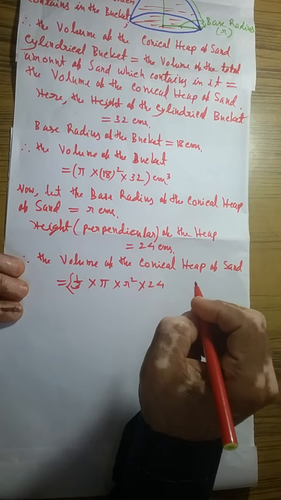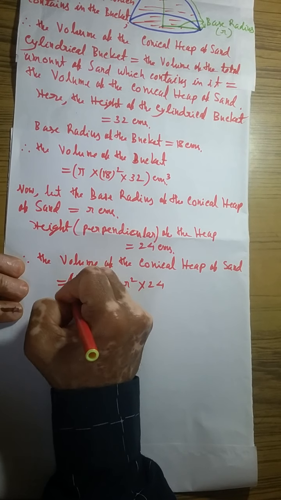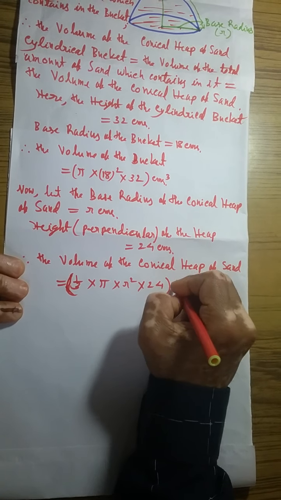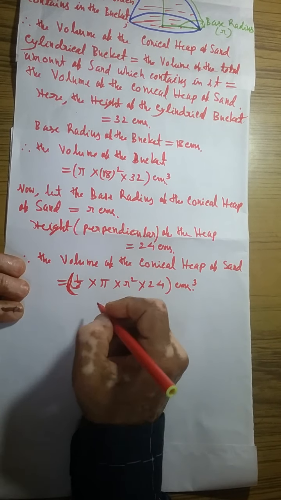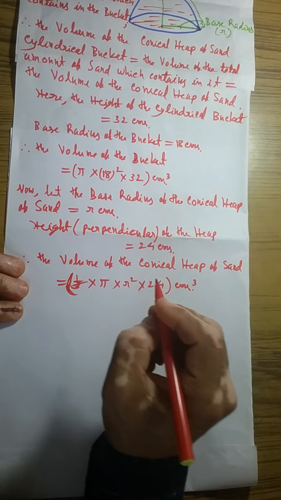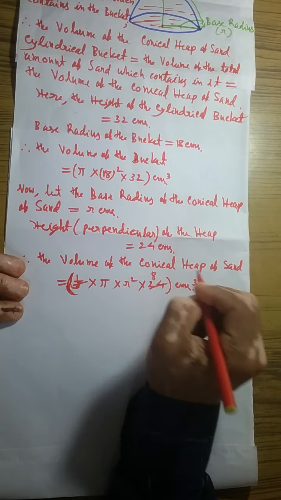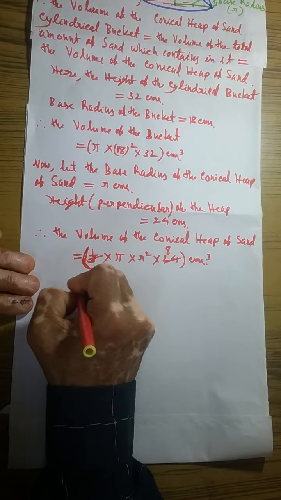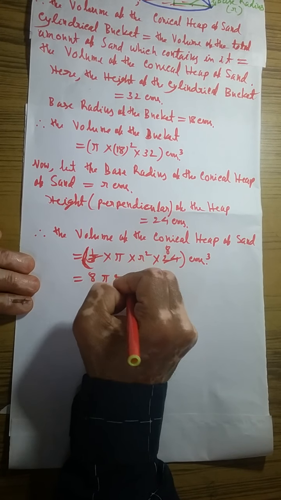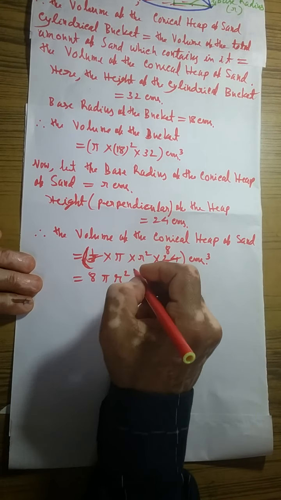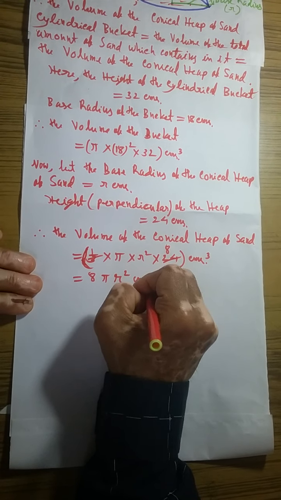The unit will be cubic centimeters, so we'll write here centimeters cube. Now we can do cancellation here: 3 8s are 24, which will be equal to 8 pi r square cubic centimeters.